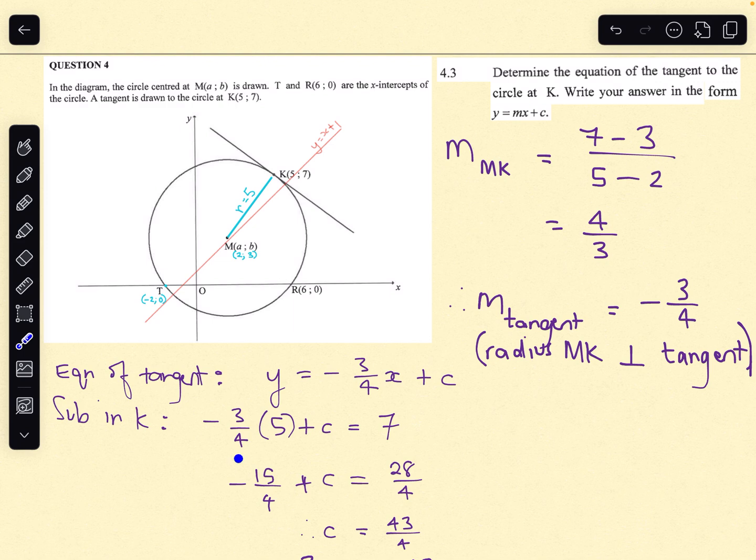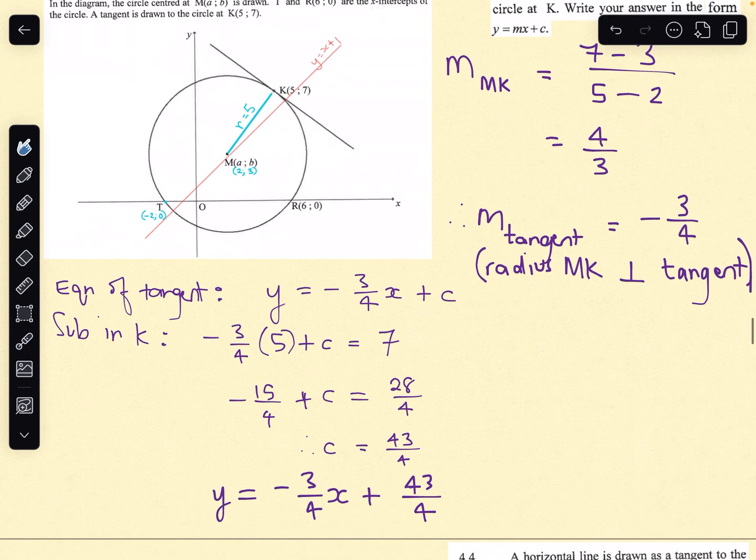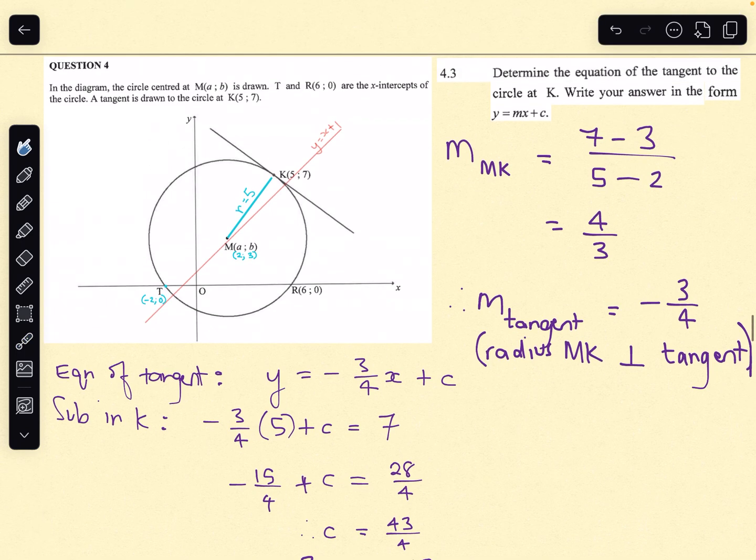So we have minus 3 over 4 times 5 plus c will give me 7. So we have minus 15 over 4 plus c is equal to 28 over 4. And then c will be 28 over 4 plus 15 over 4, which would be 43 over 4. So, yep, that seems to be it. On we go.